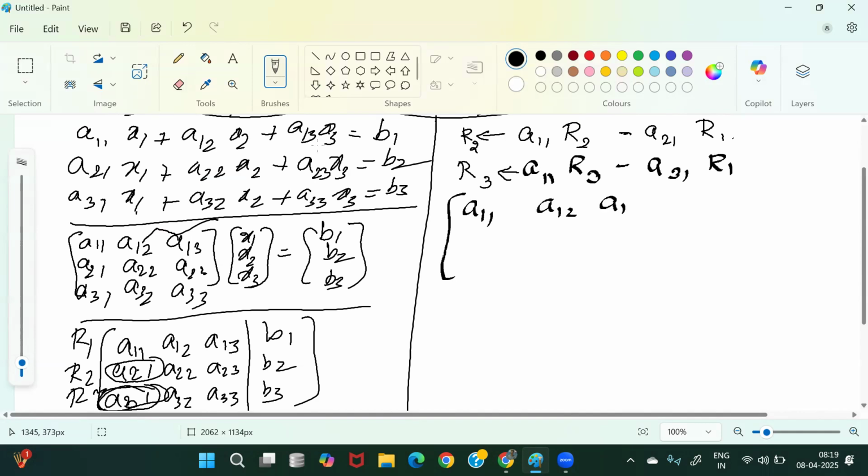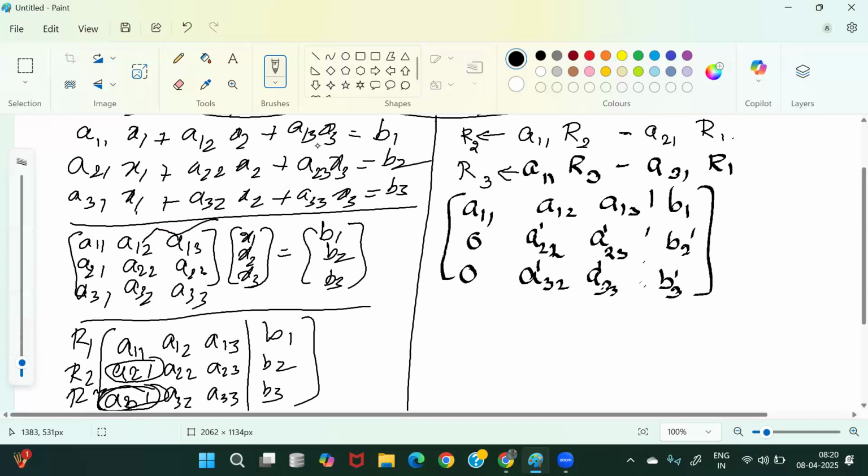a11, a12, a13, b1 will not change. This becomes 0. So let it be a22 dash, a23 dash, b2 dash. This is 0. a32 dash, a33 dash, and b3 dash. Now make a32 0 and a12 0. Reference is the second row.